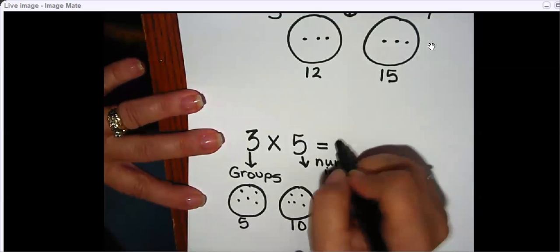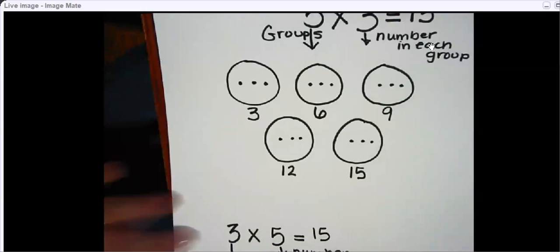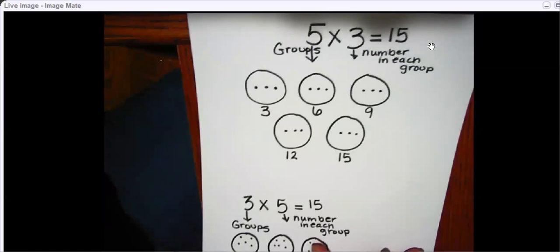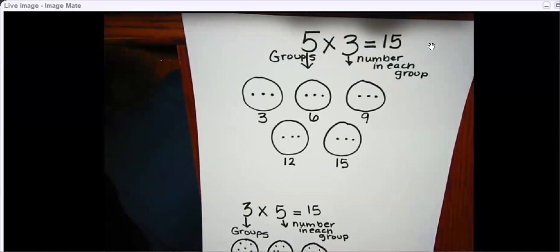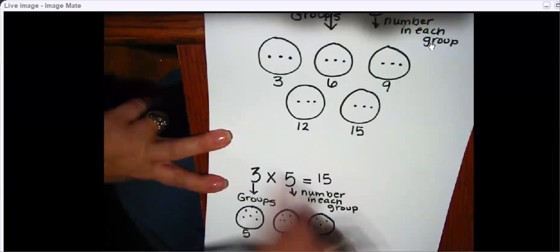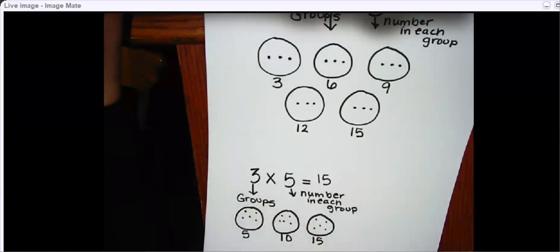So my answer is the same no matter if I do it 5 times 3 or 3 times 5. So if I do 5 times 3, I get 15. And if I do 3 times 5, I get 15.